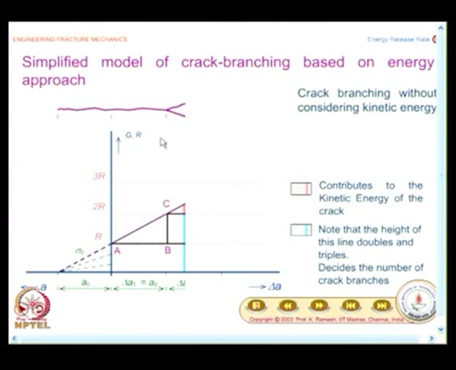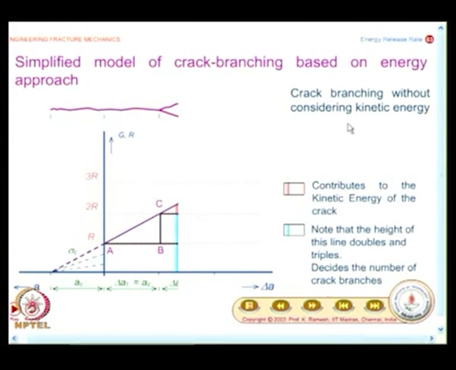Whatever discussion we do is very simplistic. We are not considering the role of kinetic energy, that is quite all right. It gives you a conceptual appreciation of why crack branching is possible, how it is explainable from the concepts that we have already looked at.